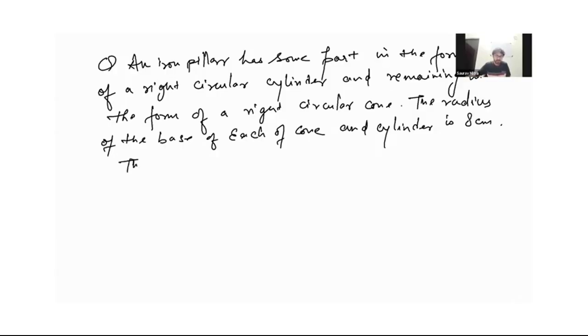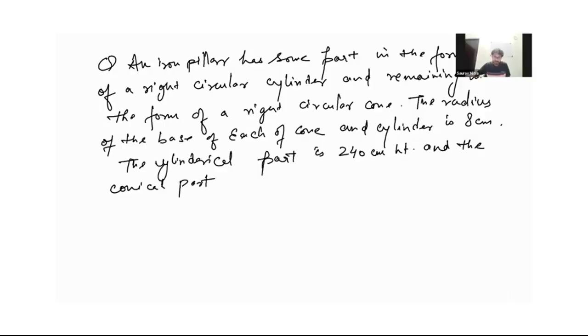The cylindrical part is 240 centimeter high, and the conical part is 36 centimeter high. Find the weight of the pillar, if 1 centimeter cube of iron weighs 7.8 gram.